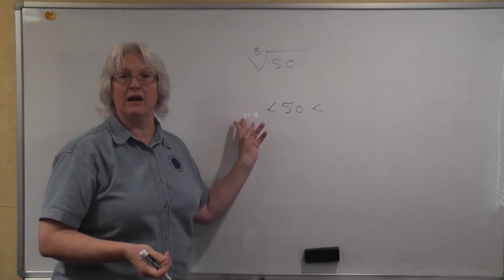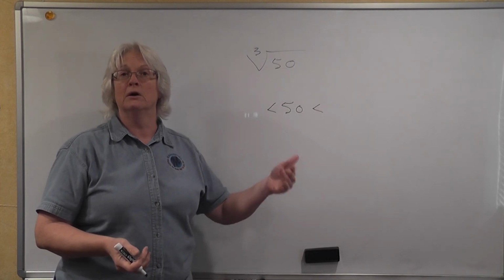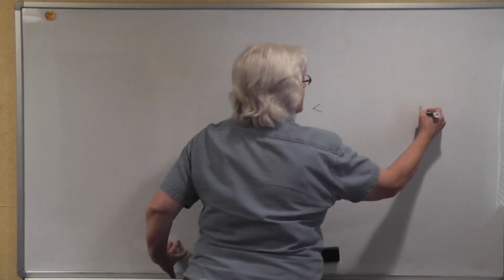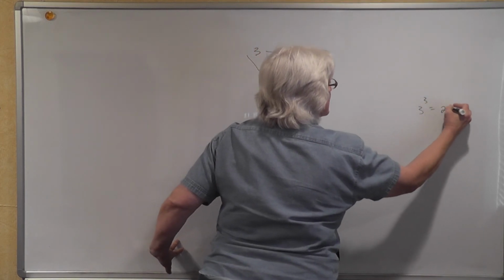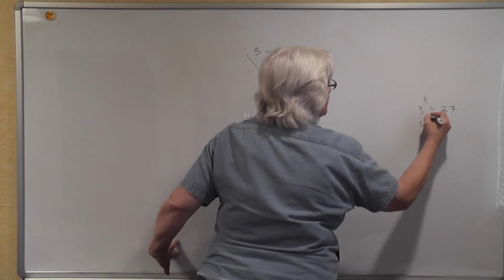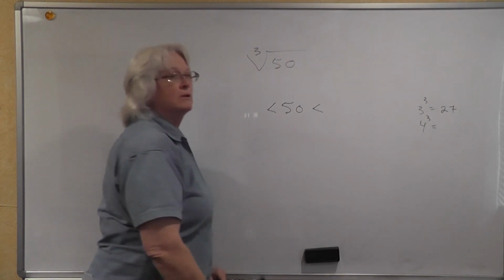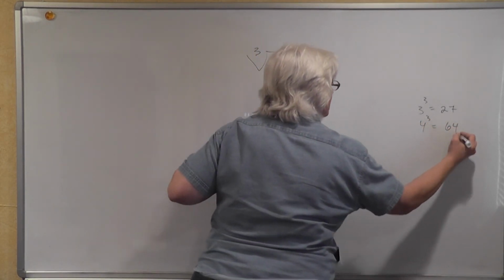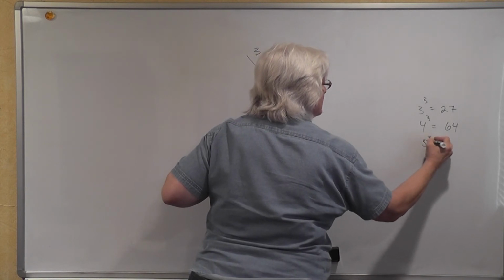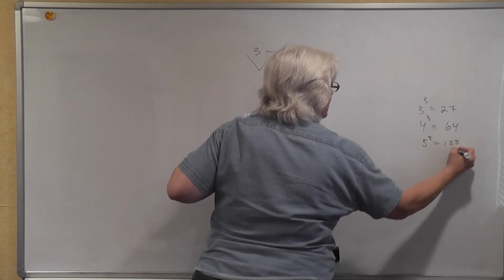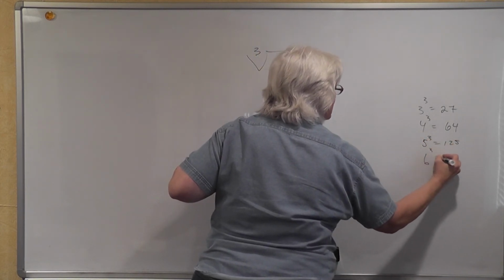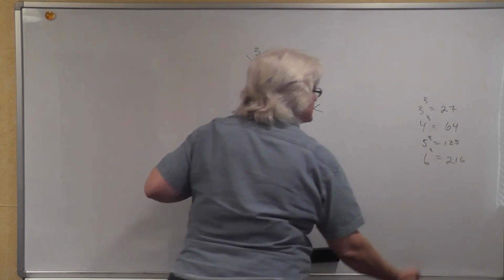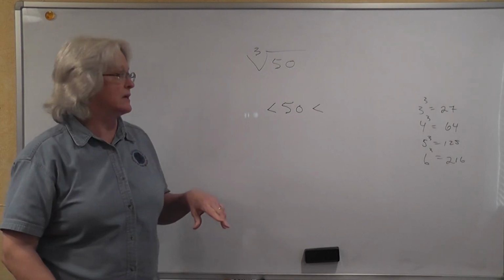2 cubed is 8. 3 cubed, 3 times 3 is 9, times 3 is 27. 4 cubed is 16 times 4 is 64. 5 cubed is 125, and 6 cubed is, I believe, 216. 36 times 6, yes. 216.